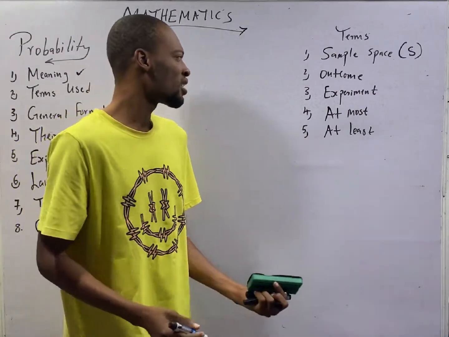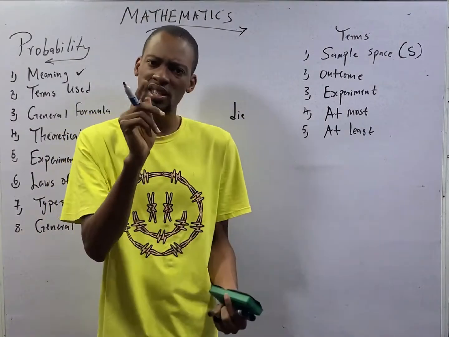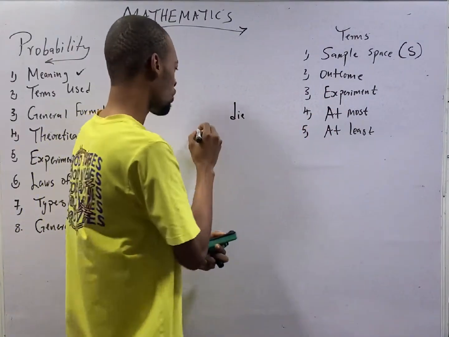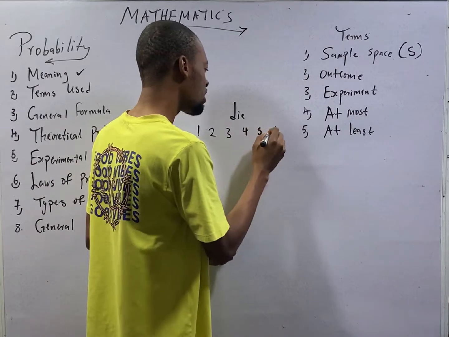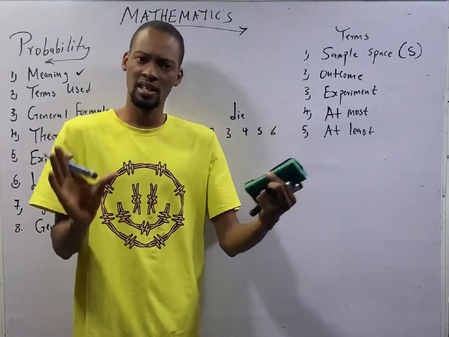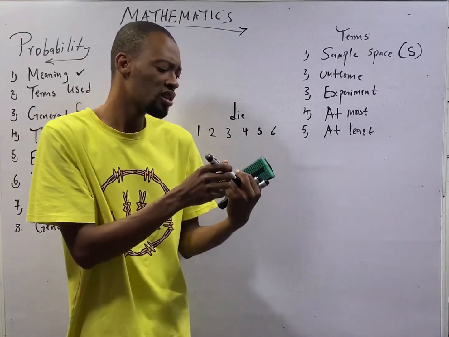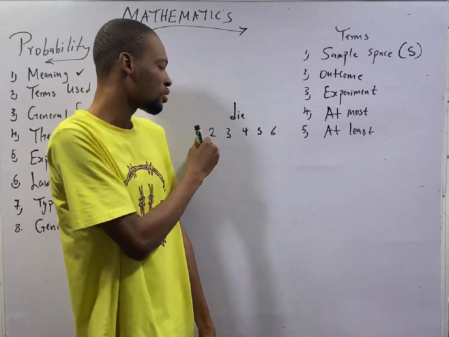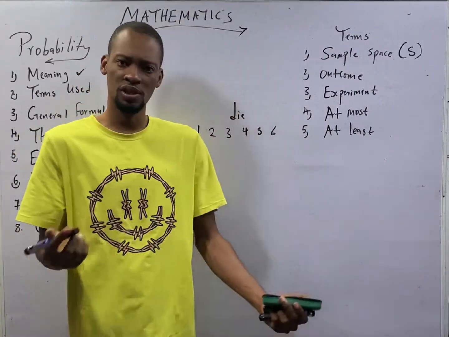If I throw a die once, the sample space is 1, 2, 3, 4, 5, 6, because these are the 6 sides. These are all the possible results. Either you see a 1 or the number 2 or the number 3 or 4 or 5 or 6.